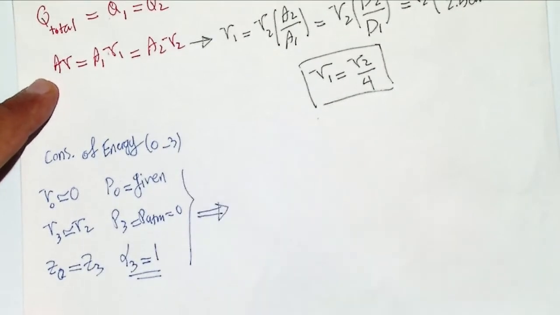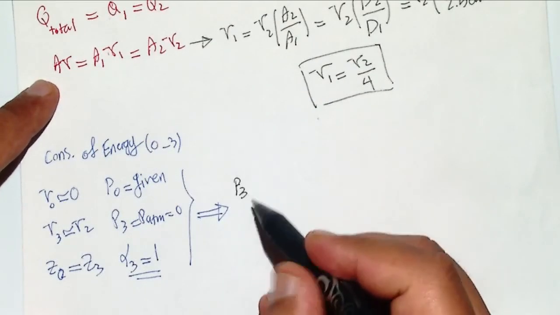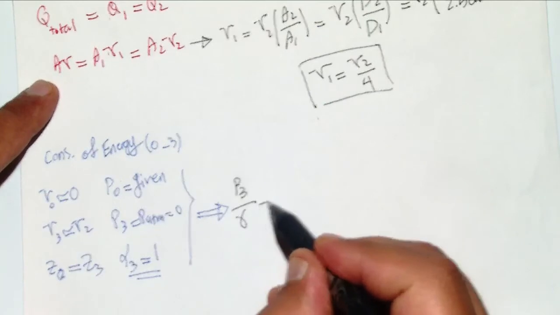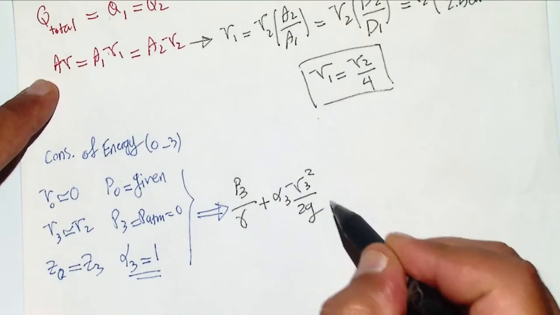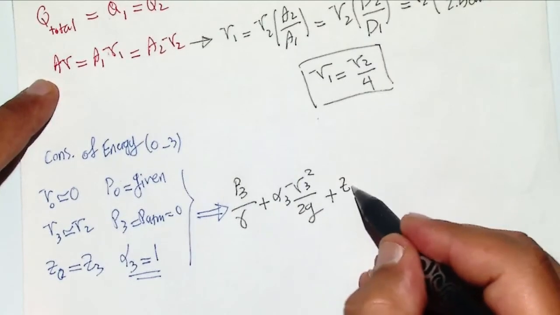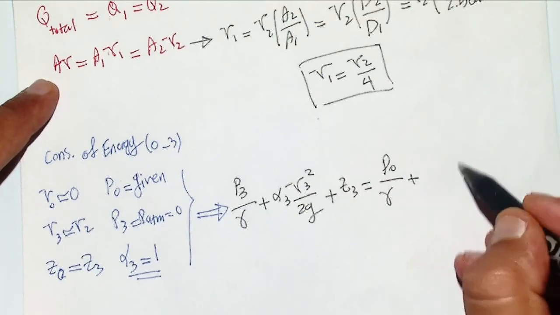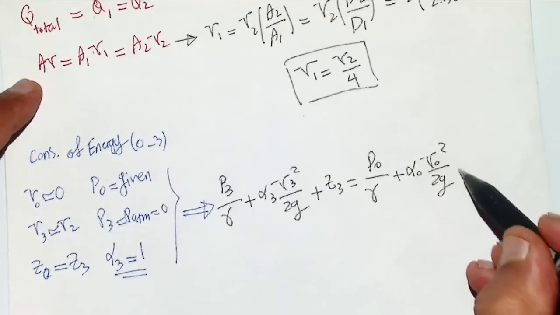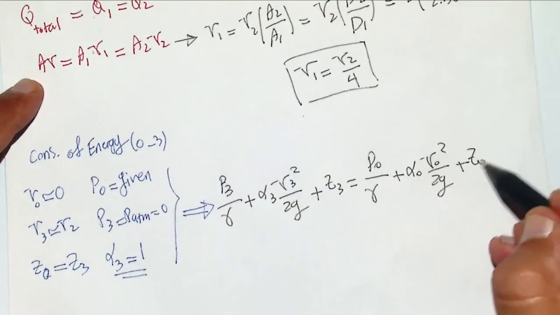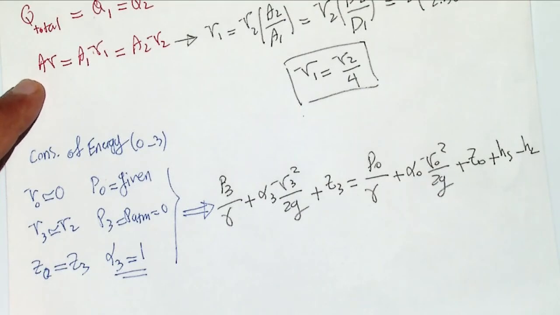By this assumption and conservation of mass and conservation of energy, P3 over gamma plus alpha 3 V3 squared over 2g plus Z3 is equal to P0 over gamma plus alpha 0 V0 squared over 2g plus Z0 plus HS minus HL. Okay, so what can we cancel out here?